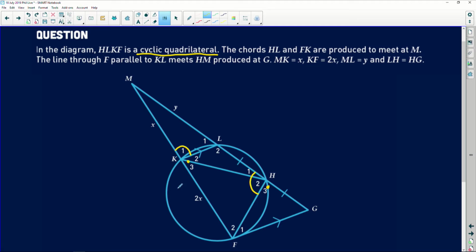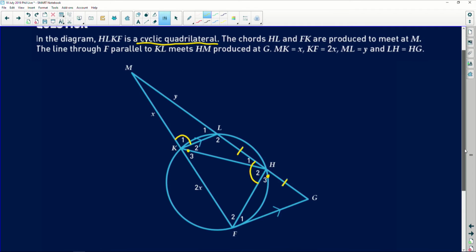KF is equal to 2X, so that's this side here. ML equals Y, which is this side here. And LH is equal to HG, which is what these signs notify over there.